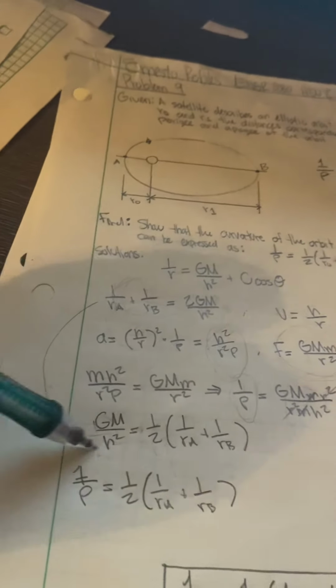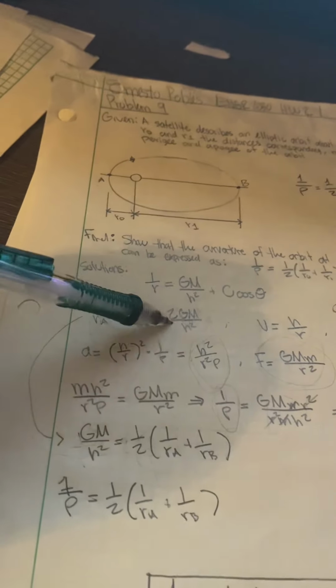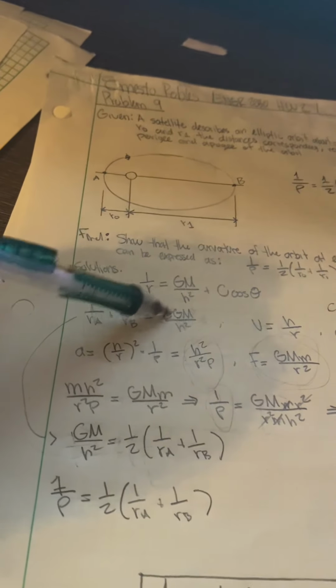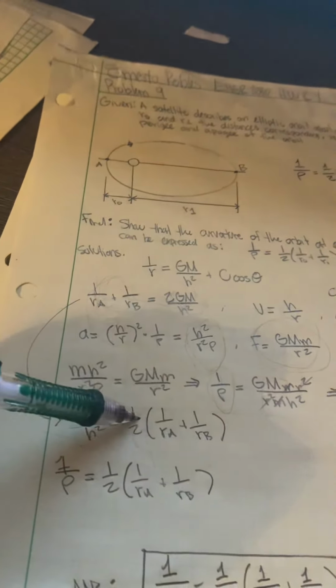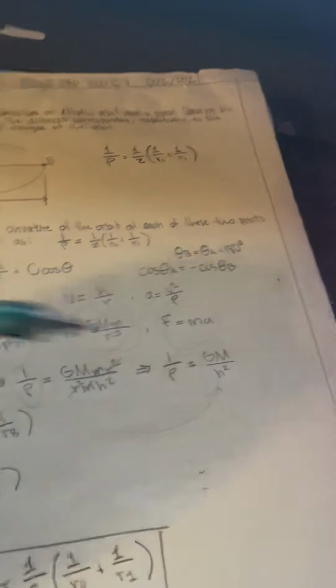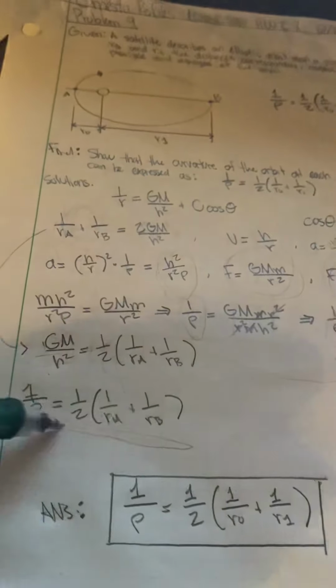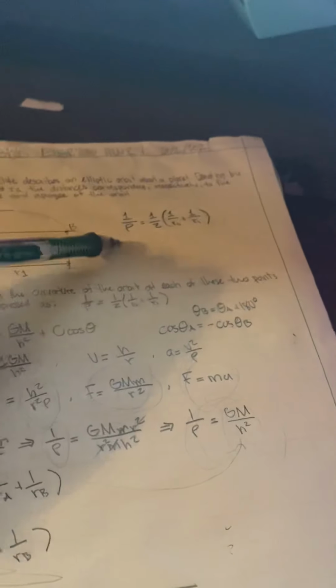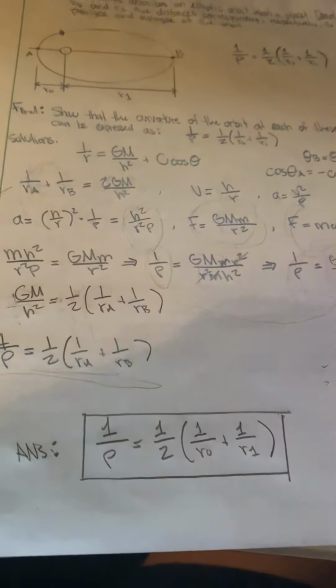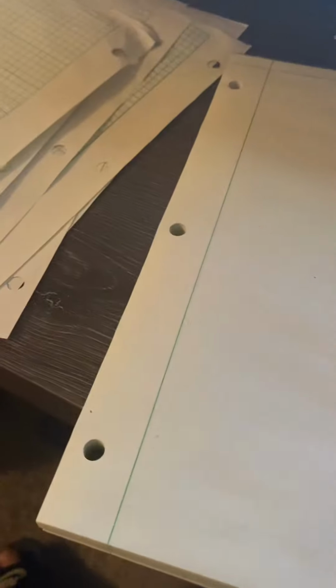That's why I drew an arrow right here to remind me, but you just divide 2 to the other side, which you get this. Plug that into here, and that's our final answer, and that's what it was looking for. So yeah, that's how we got that. And that concludes homework 2, chapter 12.